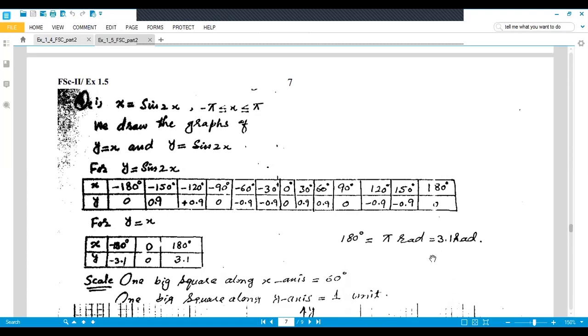When you put 180, it is positive 3.1, because 180 degrees is equal to pi radian, and the value of pi is 3.1 radian. So 180 degrees is 3.1 radian.